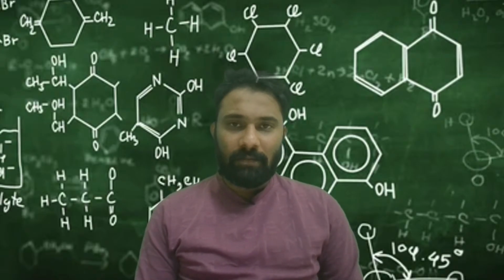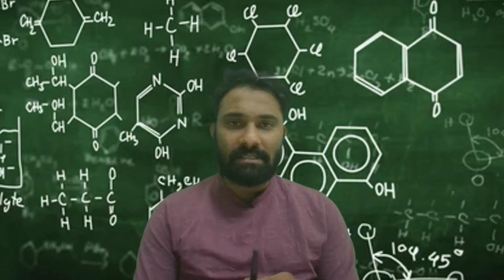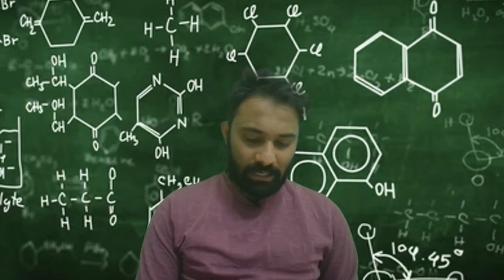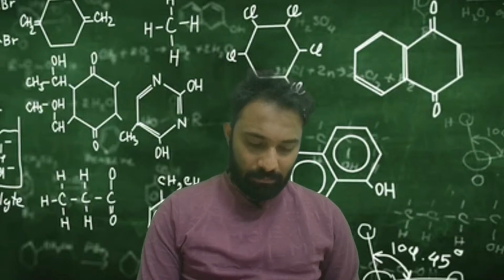Okay, now done. Before going to the class, I just want to give you a quick recap of the last class we studied, so that it will be connectivity for the continuation of the class. In the last class we studied preparations of the alkene, right? In that, first we studied which one?